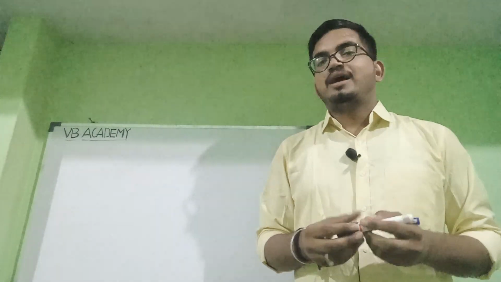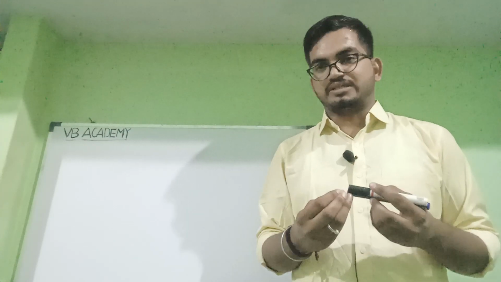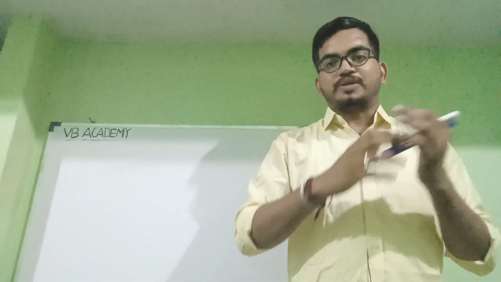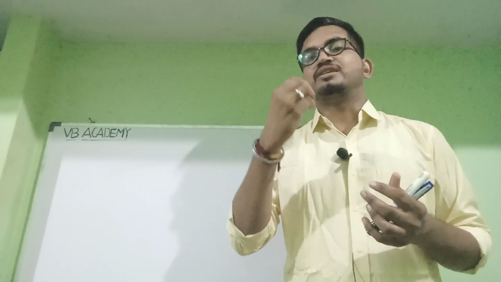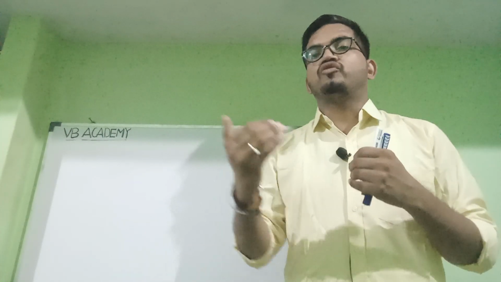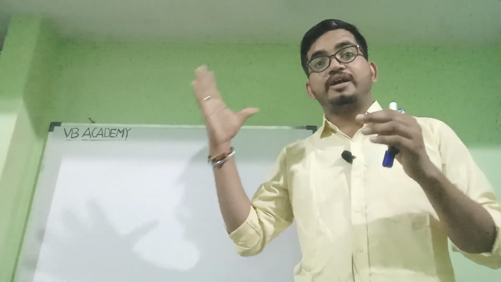Before going to that, I will let you know how the tensile test is done. Before the tensile test, we will go with the specimen. Specimen has some standards. Specimen means the testing material. On that we are going to perform the tension test. In this tension test we will obtain different properties.